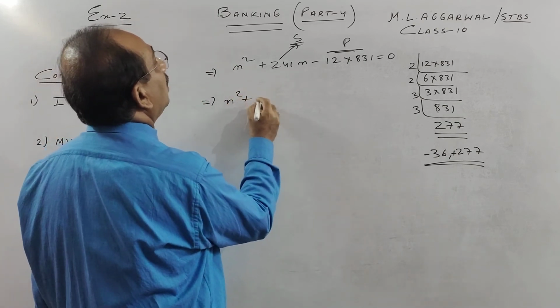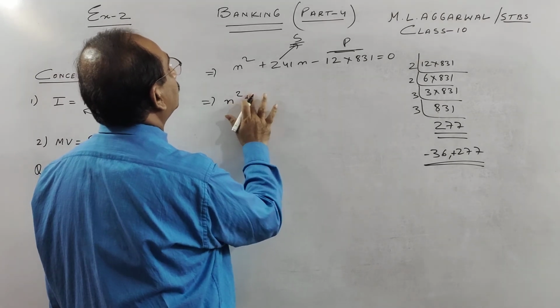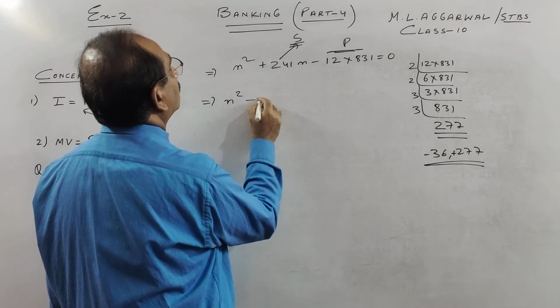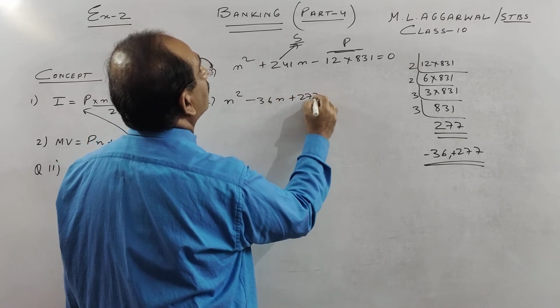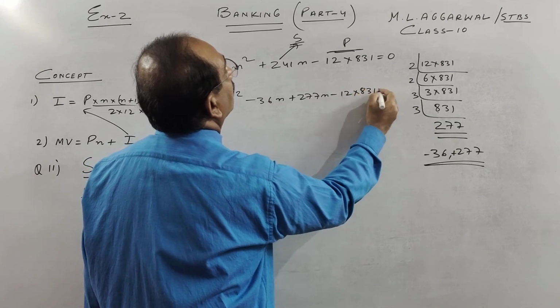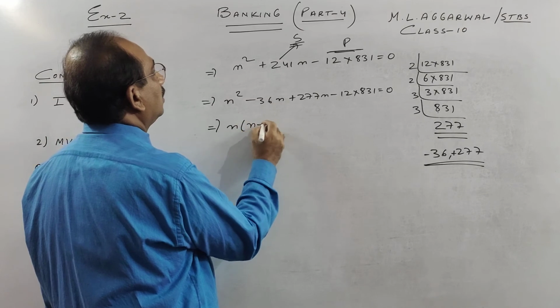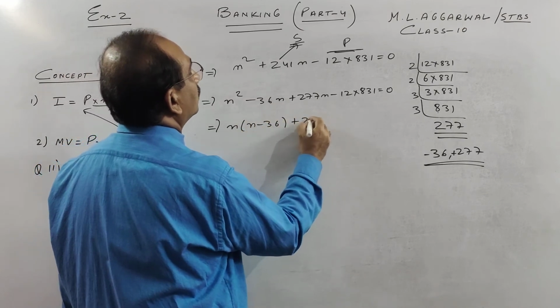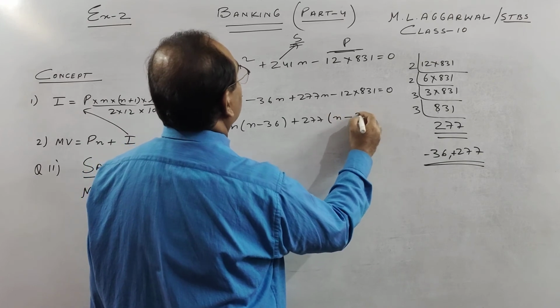So this will be n squared minus 36n plus 277n minus 12 into 831 equals 0. So take out n from the first two terms and 277 from the last two, with minus 36.